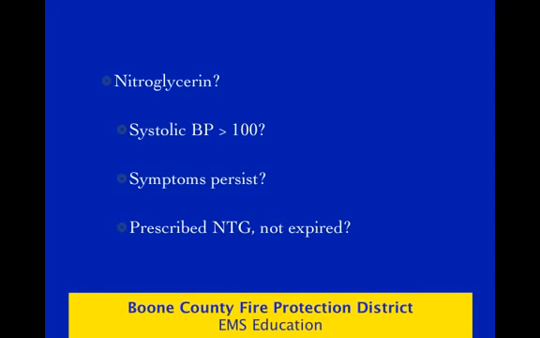Nitroglycerin is a vasodilator, which means that it will dilate the peripheral blood vessels, mostly the veins, and it will reduce the amount of blood coming back to his heart, called preload. So preload reduction equals workload reduction and less demand for that left ventricle to work, which means then it needs less oxygen.